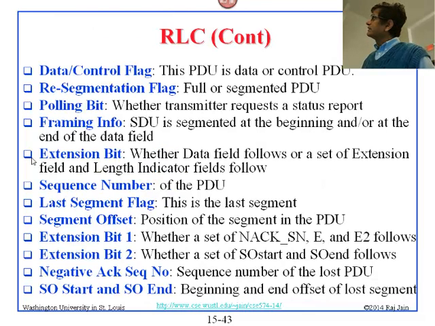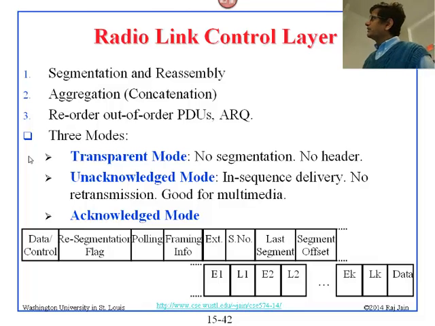And then the extension bit follows a set of extension length, and I will come back to that slide in a minute. Sequence number is the sequence number of the PDU. So there is an extension bit, and that tells you whether all these bits are present.